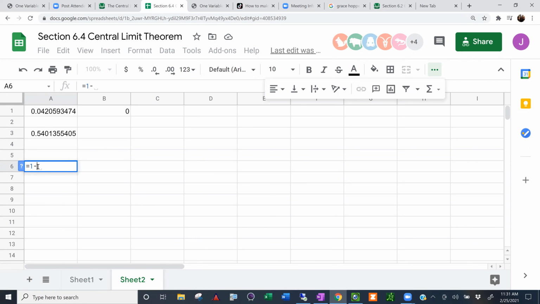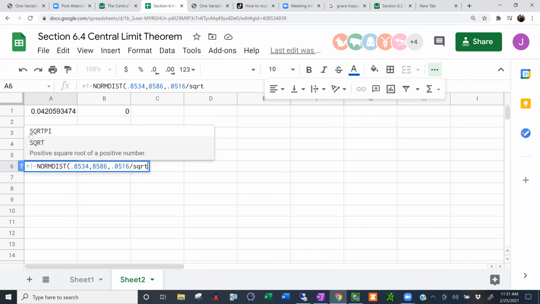Equals 1 minus norm distribution 0.8534, comma, 0.8586, comma, 0.0516 divided by SQRT of 464, comma, true.